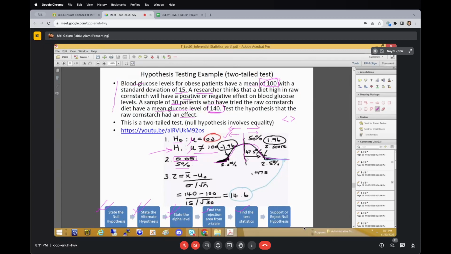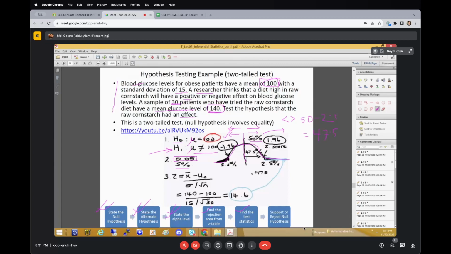So from the 50%, if we subtract the 2.5%, then we will get 47.5.